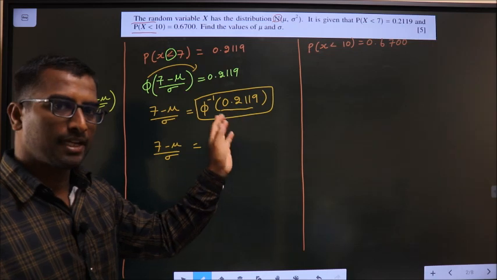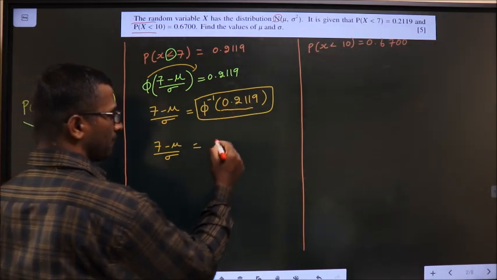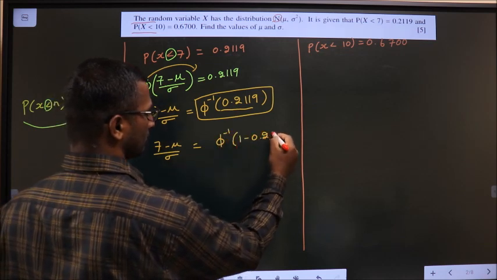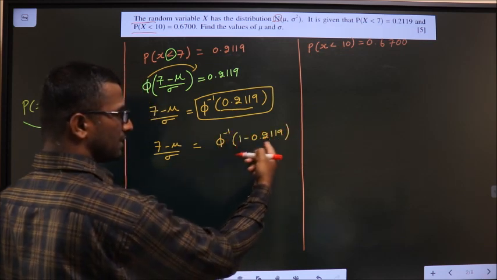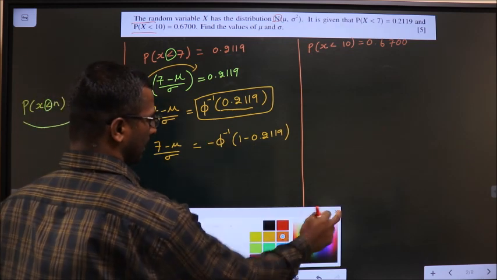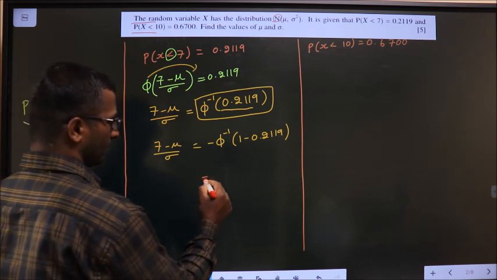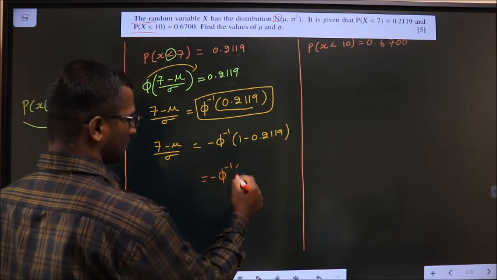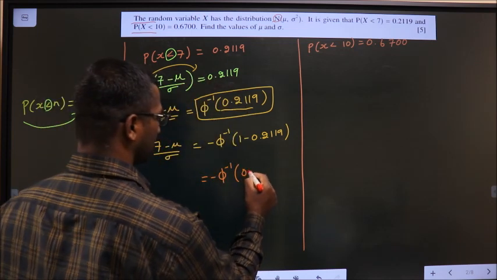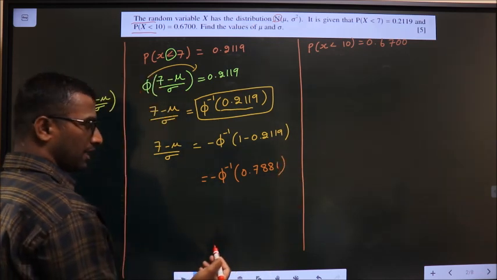For me to make it greater than 0.5, we should do 1 minus. Whenever inside you are doing 1 minus, outside you should put the negative sign. It is a rule. So this is minus phi inverse of 1 minus 0.2119, which is nothing but 0.7881.